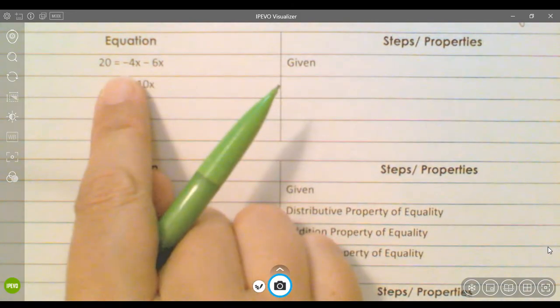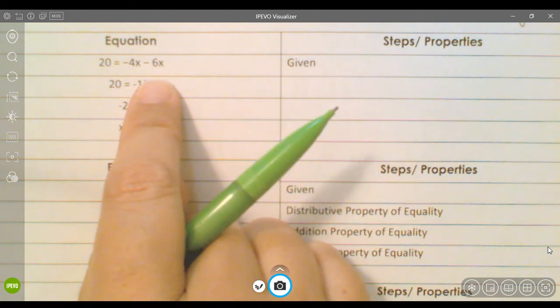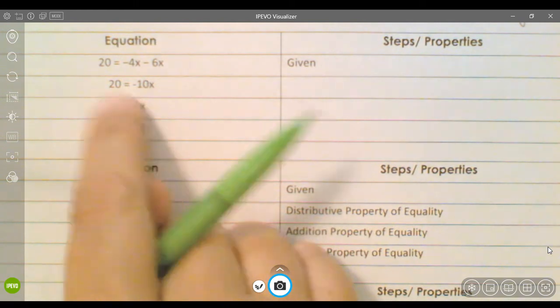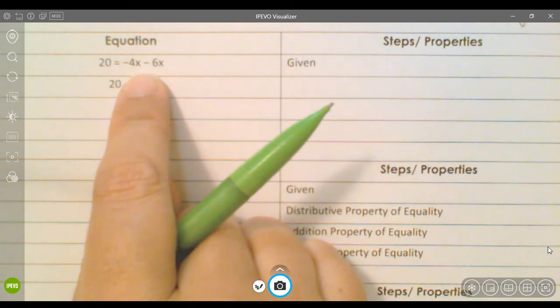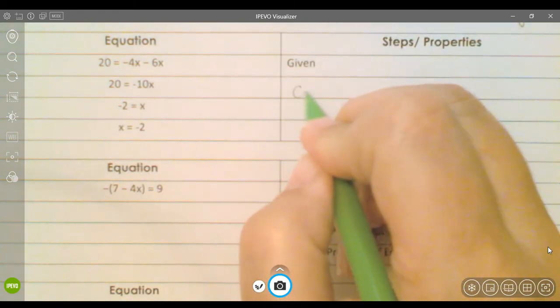All right, so look here. We have 20 equals negative 4x minus 6x. I need to see what's different from here to here. The 20 is still the same. The equals is still the same. But I turned negative 4x minus 6x into negative 10x. Well, you know what let me do that?